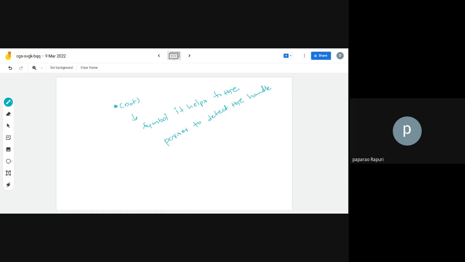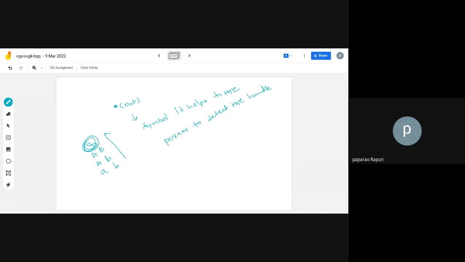For that purpose, every time we need to replace with some handle. Like that, we can move to the start symbol. For this process, the parser needs to detect the handles.